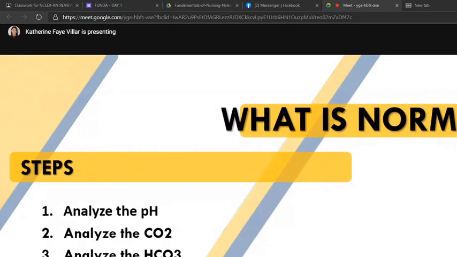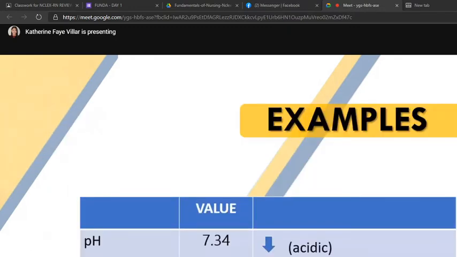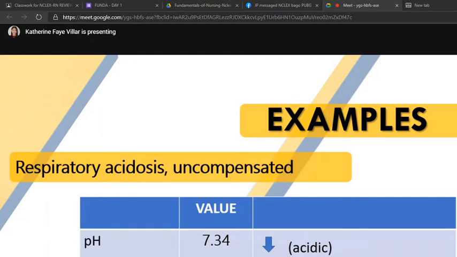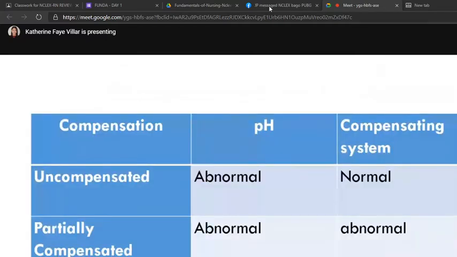So, after po hanapin yung partner, yung isa pa, siya yung magiging compensating system. Okay? So, in this example, uncompensated yung ating compensation. Kasi, di ba sabi ko kanina dito sa table, uncompensated is abnormal yung pH and normal yung kanyang compensating system.